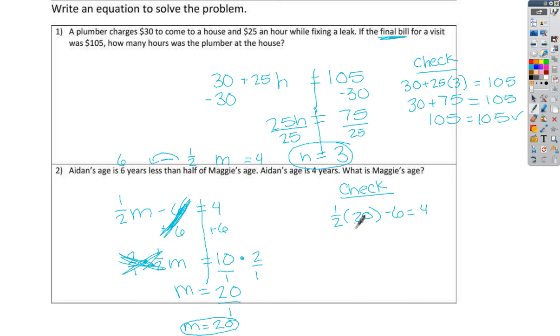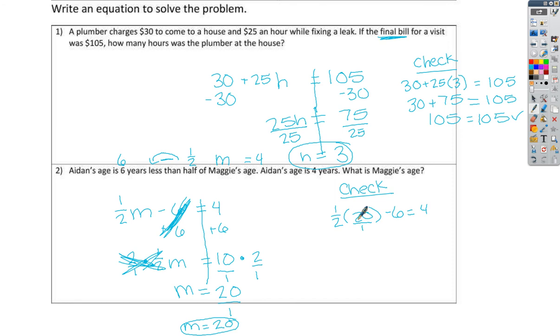So PEMDAS, parentheses, can't do anything. Exponents, we don't have anything. Multiplication and division, hope we do. So we can do this two different ways. We can type in 1/2 into our calculator and get 0.5. Or we can multiply across, because this 20 is technically over 1.